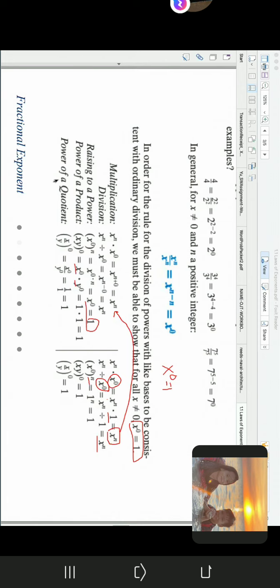Power of a quotient here, quantity x over y raised to the power of 0 is equal to, you have to distribute the power, that is x to the power of 0 over y to the power of 0, which is equal to 1 over 1, which is equal to 1.